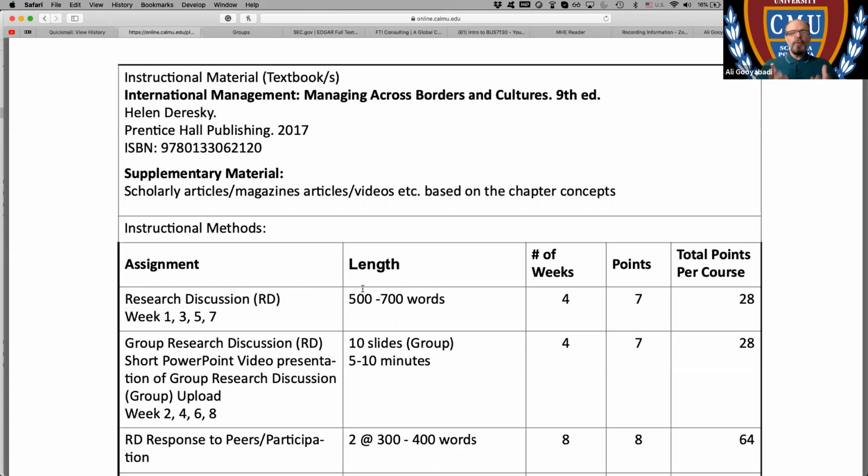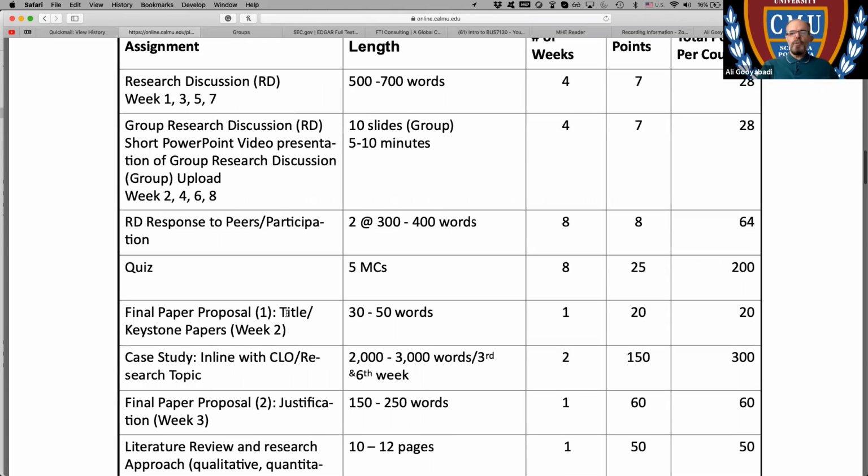And so you do it within a group, and the second is a final paper, which is per student. You need to tell me what you're interested in and determine your title, and you will do your title and keystone papers.